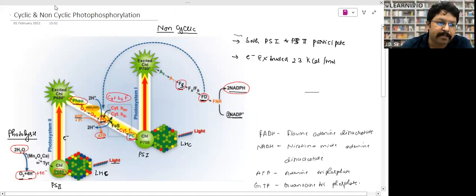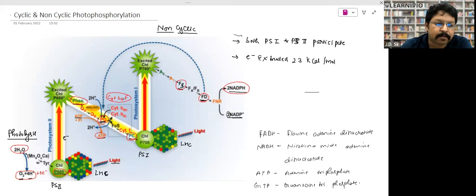It does not come back. This is called non-cyclic. In non-cyclic photophosphorylation, both photosystem 1 and photosystem 2 participate. Both PS1 and PS2 participate. The electron is extruded with the energy of 23 kilocalorie per mole, right?